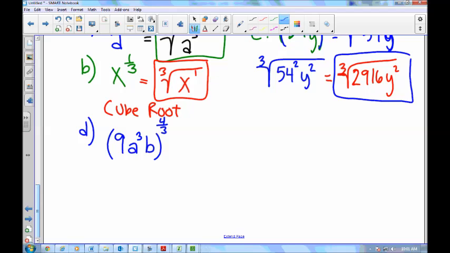Feel free to discuss it with your neighbors as long as you're talking about the math problem. I got 729, A12, minus 3.